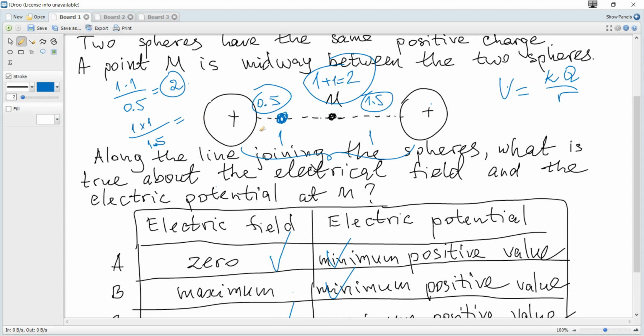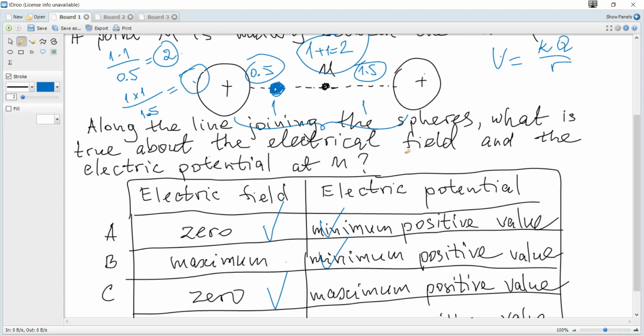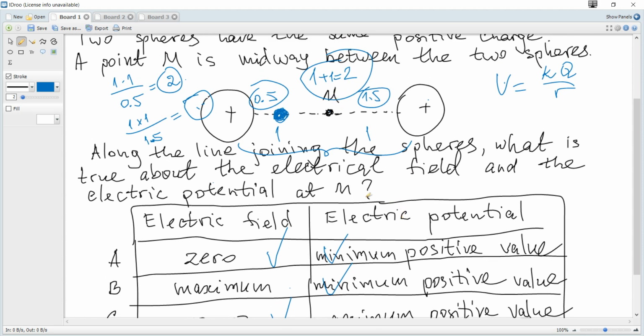But since potential is a scalar quantity, the resultant potential is the sum of the individual potentials. So at this point it will be 2 plus something. I don't want to calculate it, it doesn't matter, but it means that it will be greater than 2. And since at M it is 2, and at another point it's greater than 2, it means that at M it's a minimum.